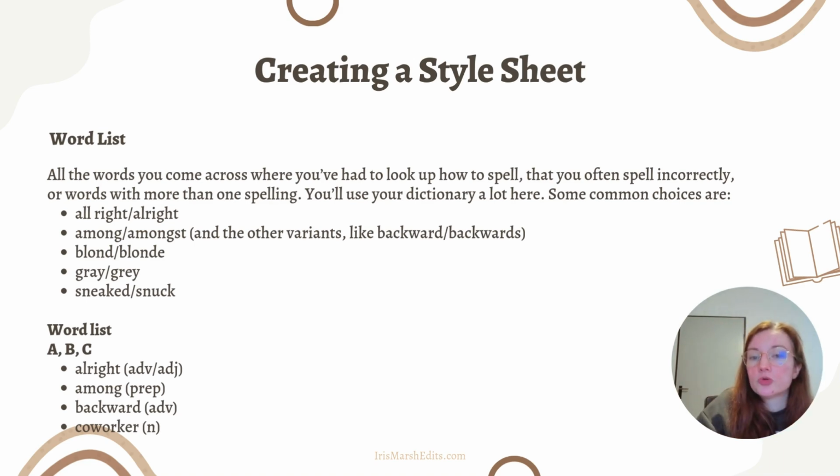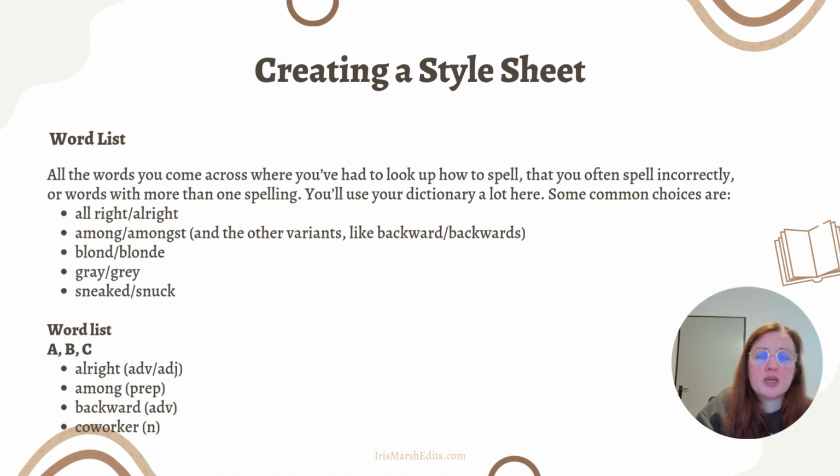So some common choices that you will have to make are alright versus all right, among, amongst, and the other variants of that, like backward, backwards, blond without an E versus blonde with an E, gray or grey, which is more US or UK spelling, and sneaked or snuck, for instance, or traveled with a double L or traveled with a single L, stuff like that. So here an example for ABC.